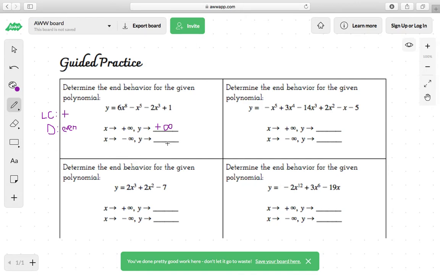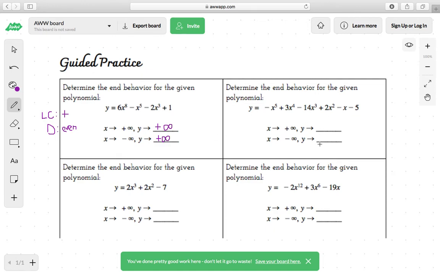So this blank has to be the same as what I already wrote up here. Because I wrote a positive infinity, it has to match that. It has to be exactly the same. So this one is also going to be a positive infinity. What this tells me is the right side of my graph is going up, and the left side of my graph is also going up. So both arrows are going up.